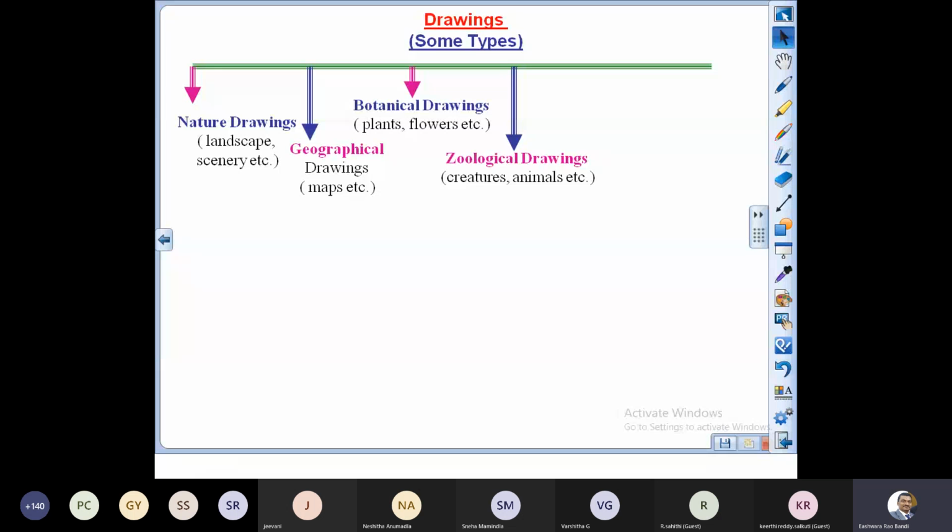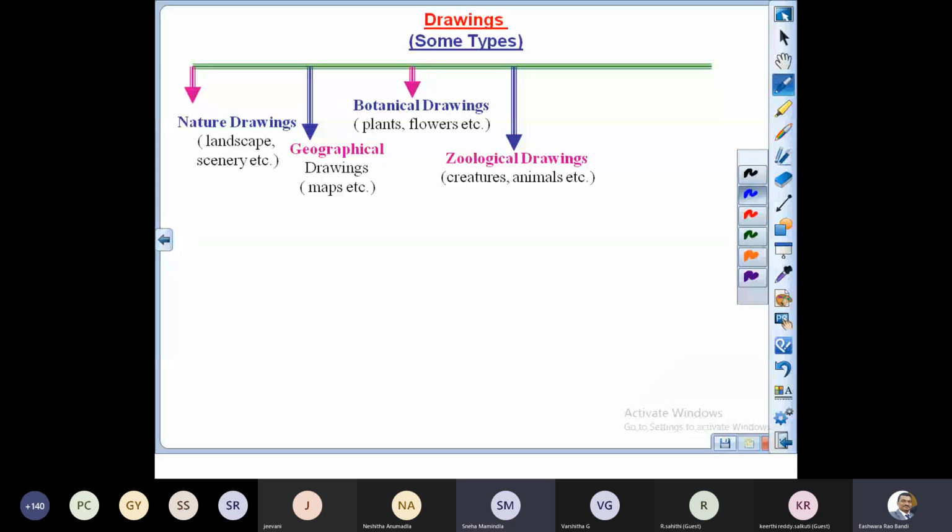And zoological drawings, that means if you want to draw an animal, how? Tell some animals. Do you know any animal? Can you name any one? Frog. Lion. Elephant. Cockroach. Tiger. Camel.